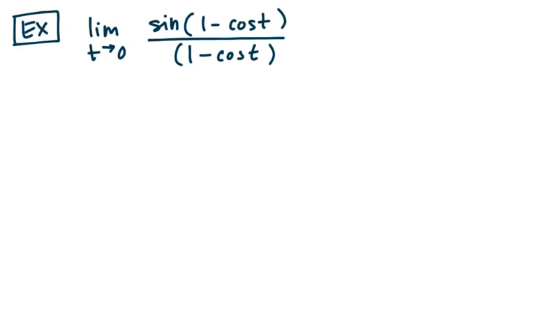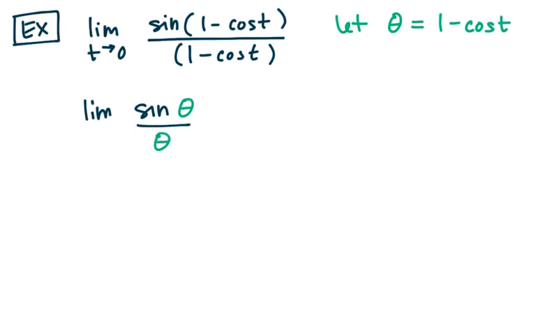I'm going to come over here and say, well, let's let theta equal 1 minus cosine of t. So that means we are dealing with a limit of sine of theta over theta. Now I've changed this limit, right? Originally, we were dealing with the limit as t goes to 0.